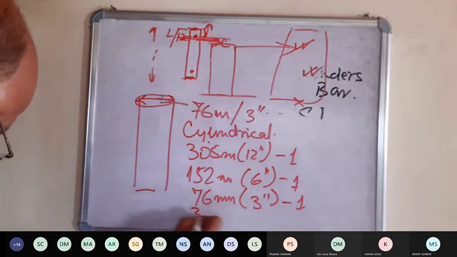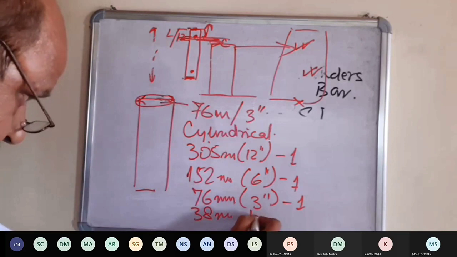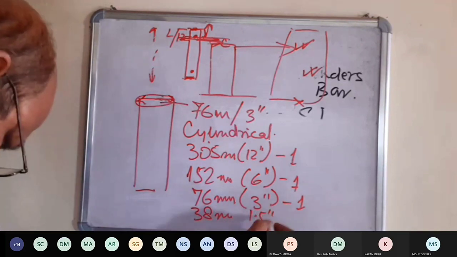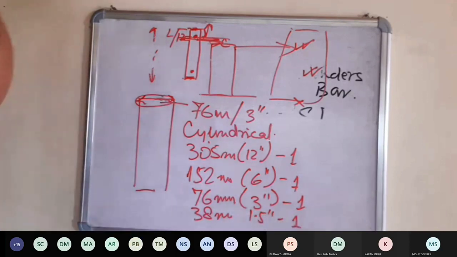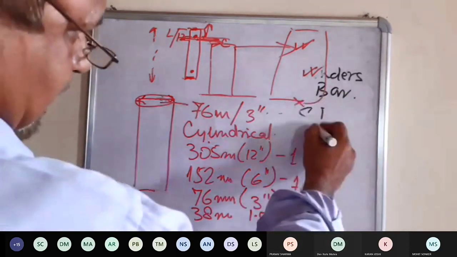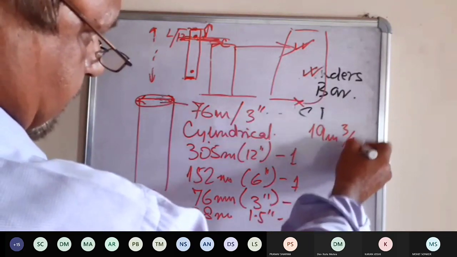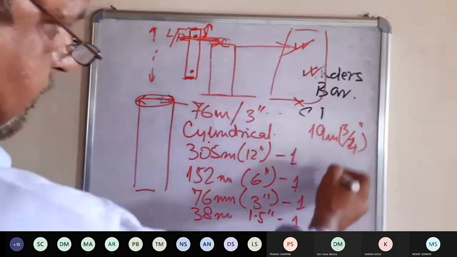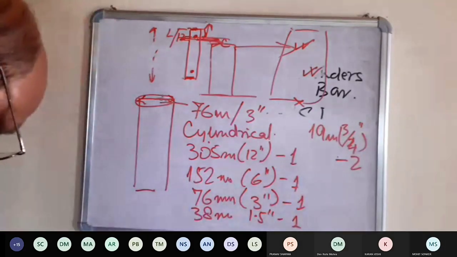Then we have 38 mm, which is 1.5 inch. Yes, 1.5 inch. That is also 1. Then we have smaller ones, 19 mm, 3 by 4 inch. We have got 2 of them.